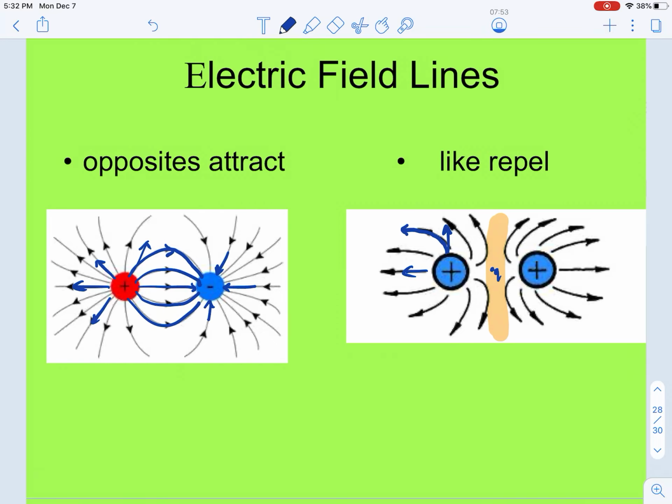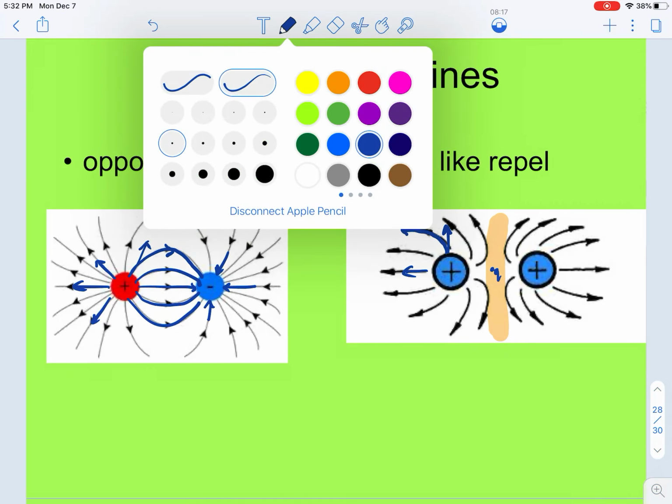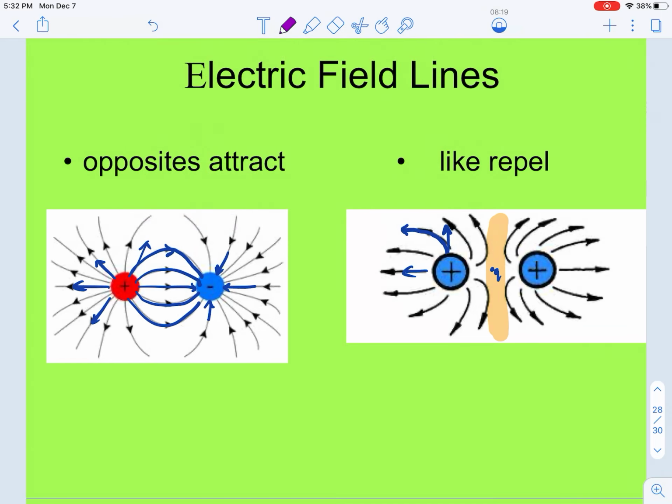So if I were to place an electric charge right here, there's technically no electric field here, so that electrically charged particle would not experience any type of force because of either of these positive charges. The fact that those field lines have curled away means that in that particular space, there is no field coming from either of these charged particles, so there would be no interaction. I know that sounds crazy, but that's how that works, okay?